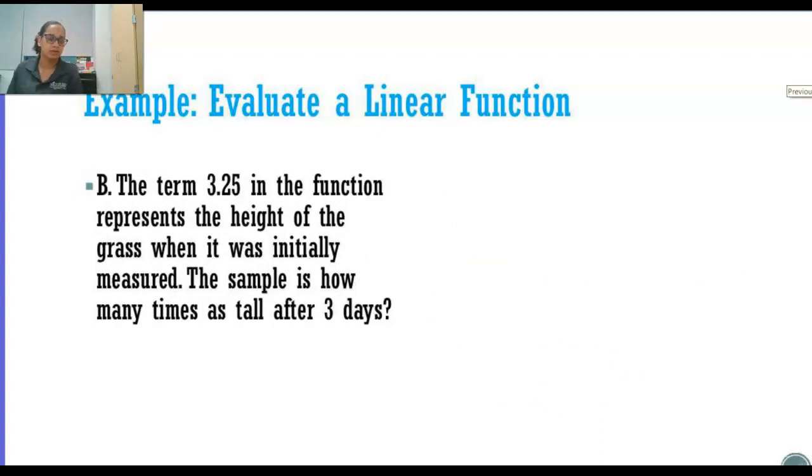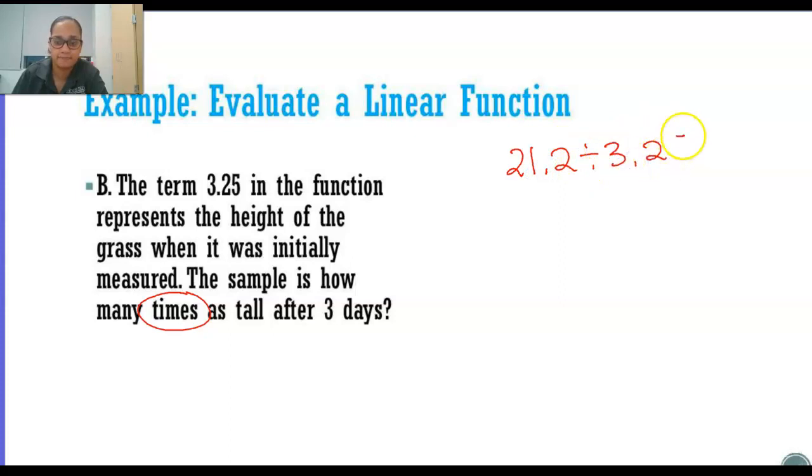All right, so continuing on with that same problem, the term 3.5 in this function represents the height of the grass when it was initially measured. The sample is how many times as tall after 3 days? Read this carefully: how many times as tall? So I'm trying to think, 3.5 times what would give me 21.2. In order to figure that out, I'm just going to go in reverse. So I'm going to do 21.2 divided by 3.5.